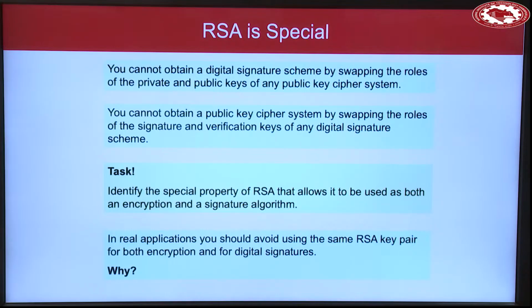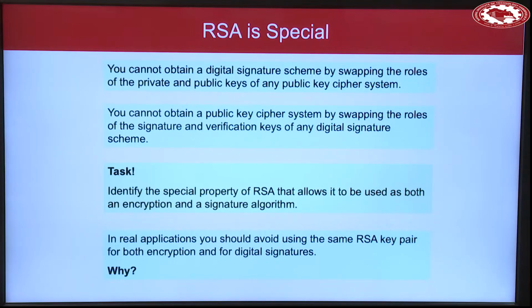Let's say you cannot obtain a digital signature scheme by swapping the roles of private and public keys of any public key cipher system. Then it also says you cannot obtain a public key cipher system by swapping the roles of signature and verification keys of a digital signature scheme. And it is the same algorithm that you can use for encryption and for signatures, right?